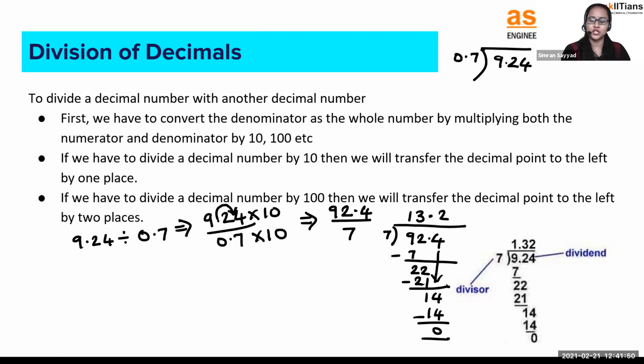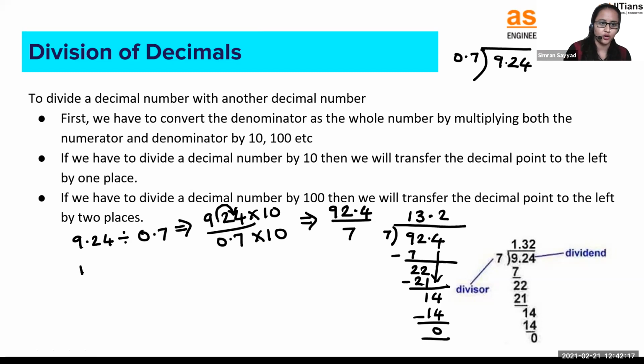Understood? What we have to do? You have to convert the denominator to a whole number by multiplying with the required tens, like it can be 10, it can be 100, it can be 1000. The same is going to apply with the numerator. Then we'll be getting one decimal and one whole number. That decimal will be your dividend and the whole number will be your divisor.